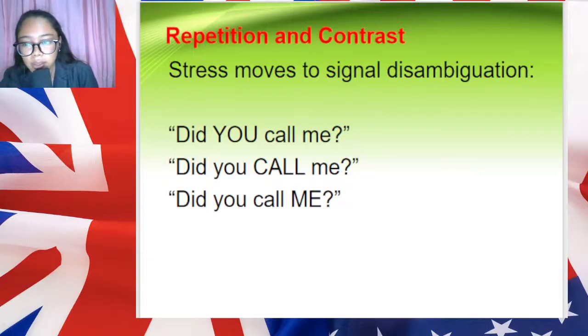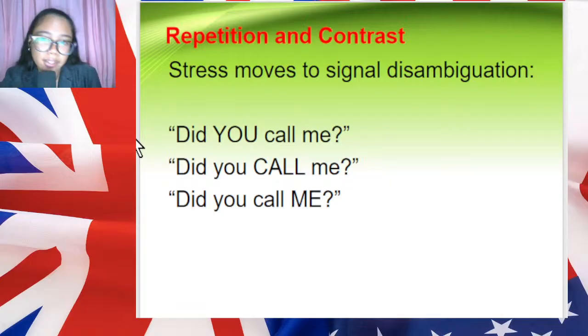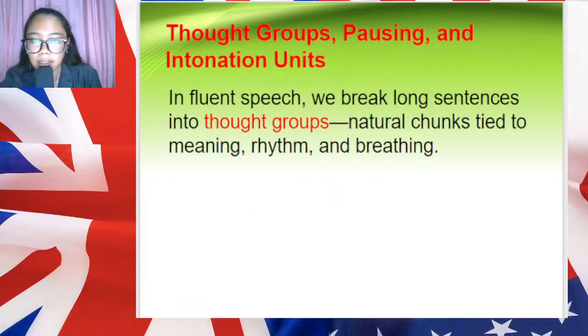As I said earlier, it is what makes English really flexible, but at the same time it is also what makes English really complex, because again there are so many possibilities. Okay, so that's on repetition and contrast.